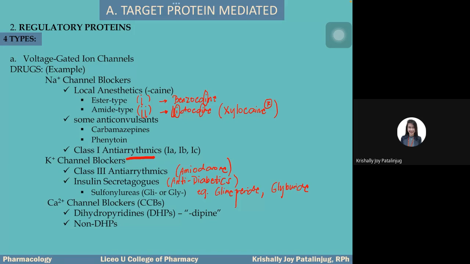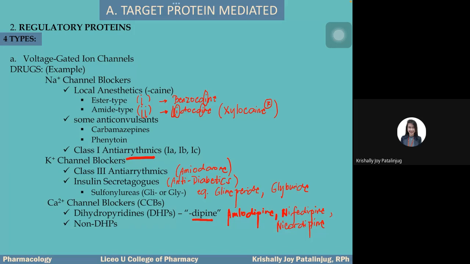Those with dihydropyridine structure, their names end with dipine. Very good. Examples: amlodipine, nifedipine, nicardipine, as long as ending in dipine.